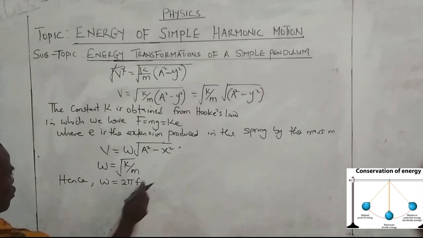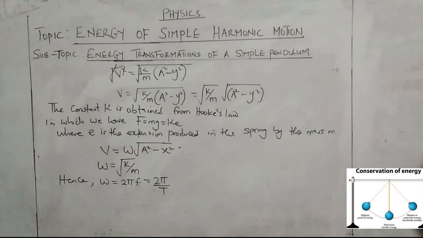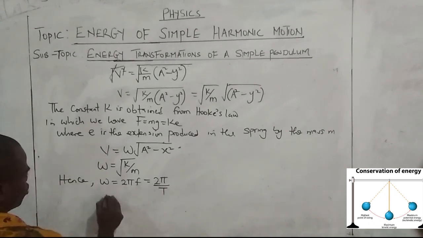But this f can become 1 over T, so w equals 2 pi over T. Now, you can cross multiply.